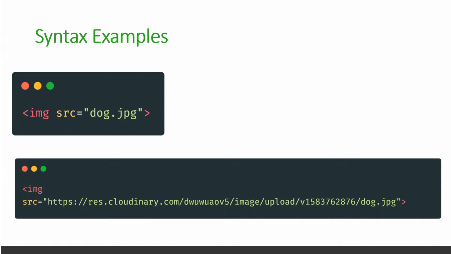Our first example here is if our image is hosted on the same server as our website. That example looks pretty similar to where we used our anchor tag to link to a page on our same site. IMG SRC equals dog.jpg. So if we have our picture that's in the same folder as our HTML file, we can link to that picture that way.